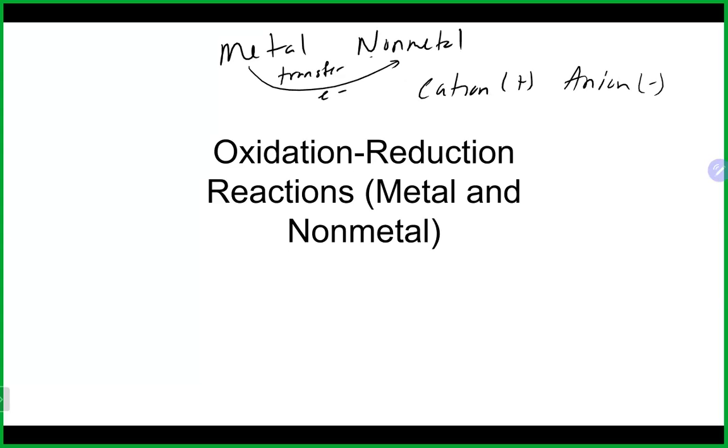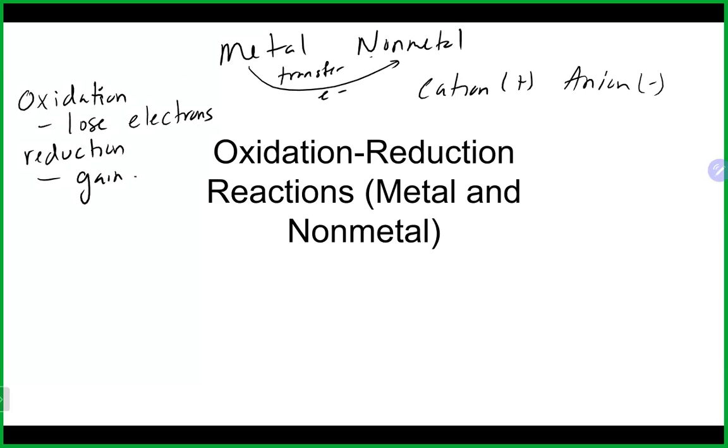And so when we talk about oxidation reduction, there's a couple of definitions that we see. Typically, when we talk about oxidation, especially in inorganic chemistry, which is what we're doing now, it means that you lose electrons. And when we have reduction, it typically means that you gain electrons.